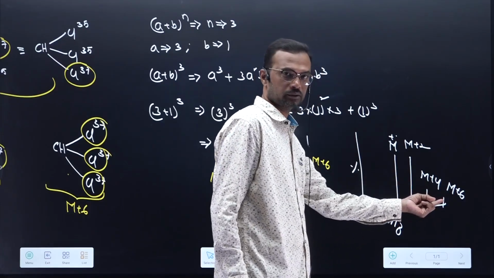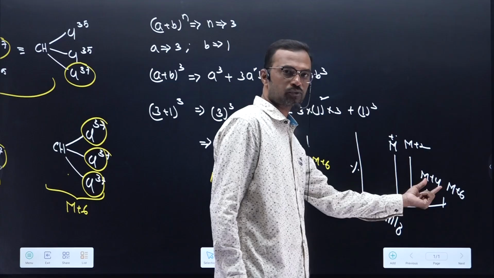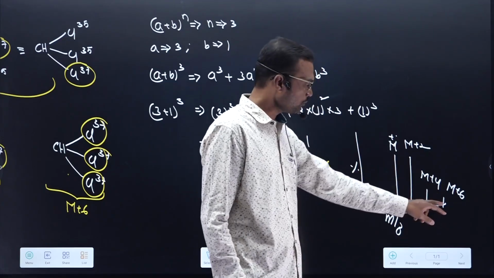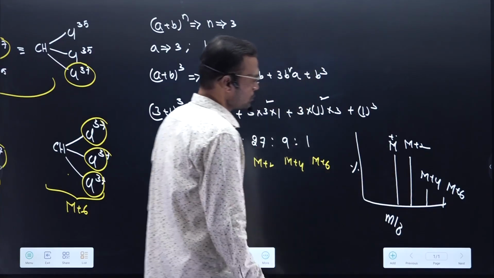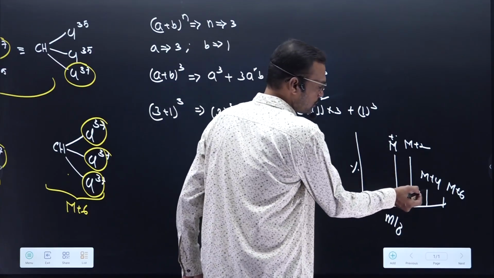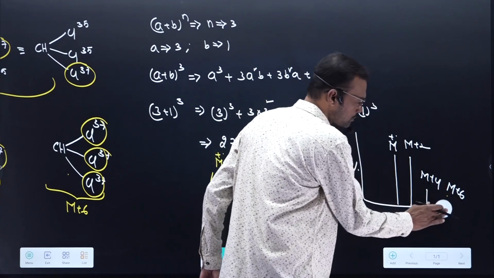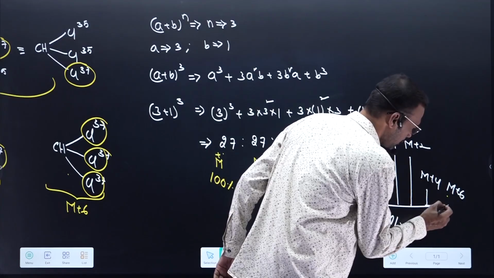That is the first question, to identify the number of chlorines. So the percentage ratio is 27, 27, 9 is to 1. This is only 1 with respect to 27. So just assume that it is 9 and this is 1. Not even this much height you will get. You will get very small height. Peak intensity is very poor.